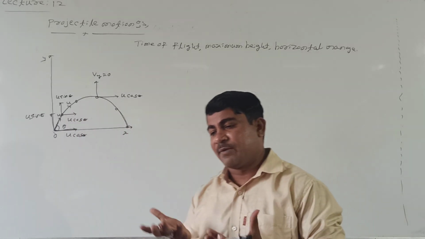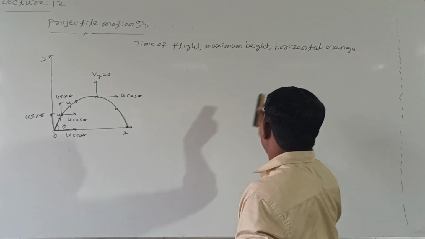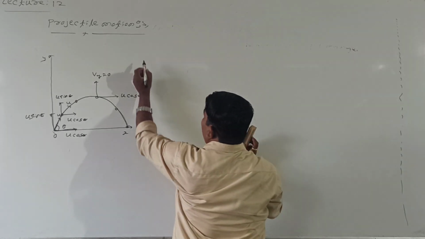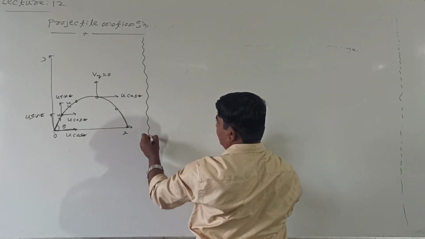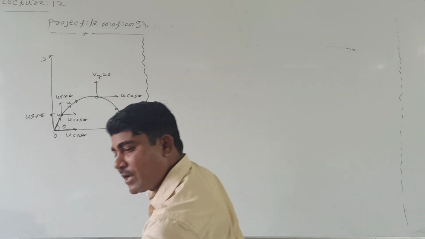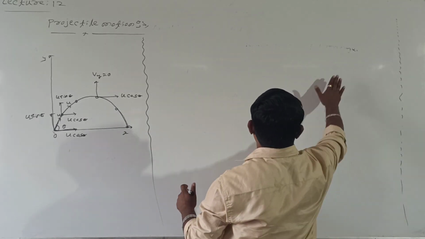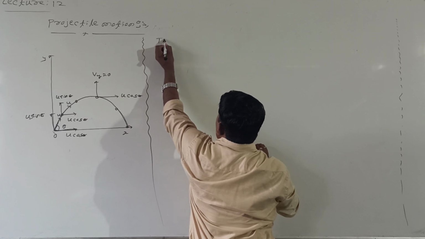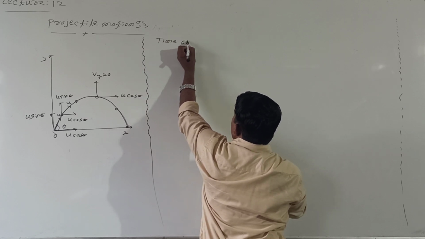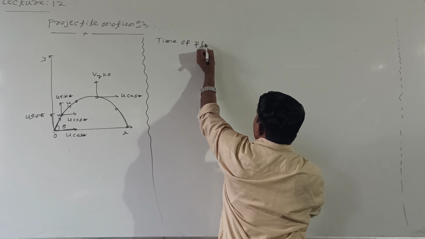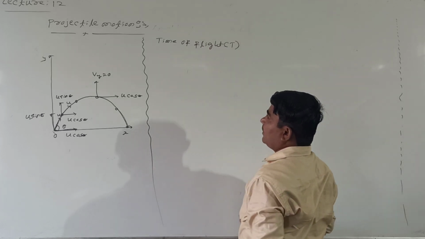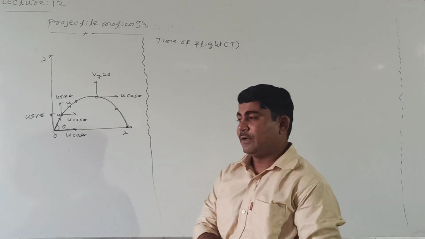Let us see how the time of flight can be obtained initially. Shall I go one by one? First of all, I will go directly for time of flight, on how to achieve the expression for it. See here. Time of flight, capital T, I can call. What is time of flight?